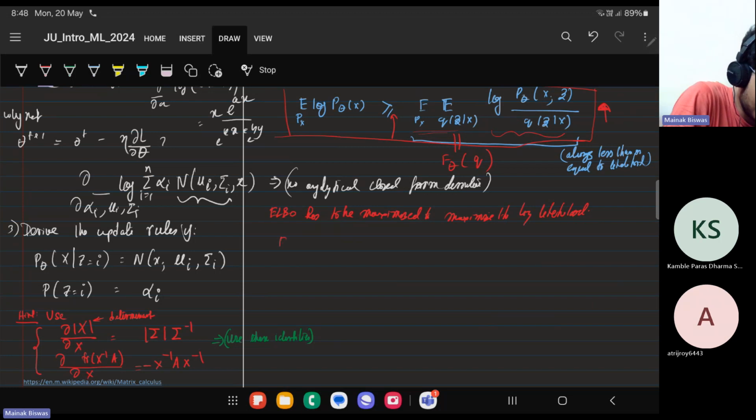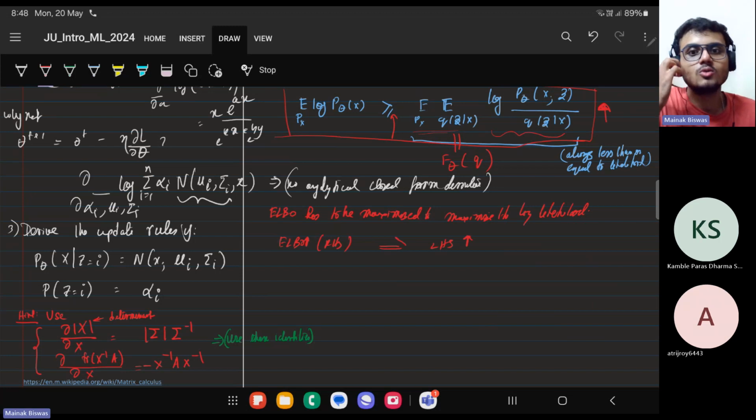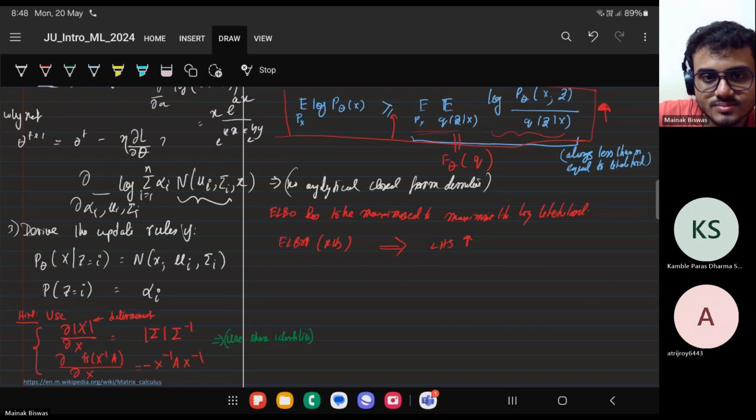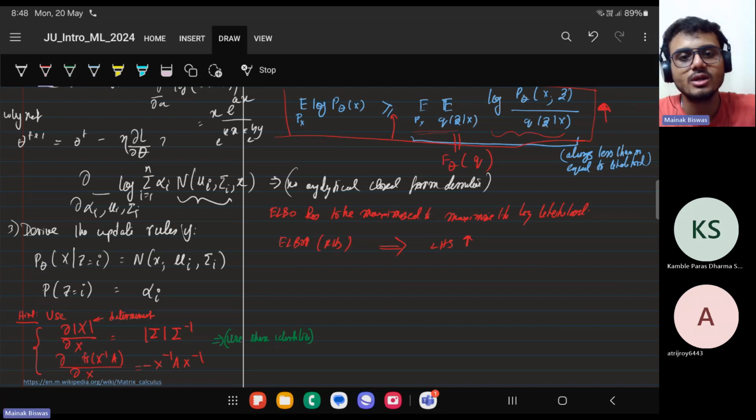If the right hand side increases, the left hand side has to increase, because to maintain this inequality it has to increase. If I am able to increase the right hand side, I will automatically be increasing the left hand side. So my goal now is to increase the right hand side.